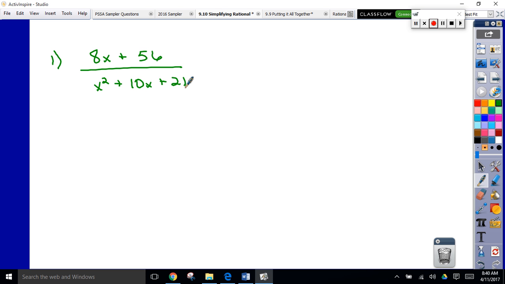If we just factor the numerator, are there any common factors between 8x and 56? 8. Okay, so we could take out an 8. What would be left? 7. What would be left here? X. Good. 8 times x plus 7. So sometimes that's all you can do is pull out a common factor.